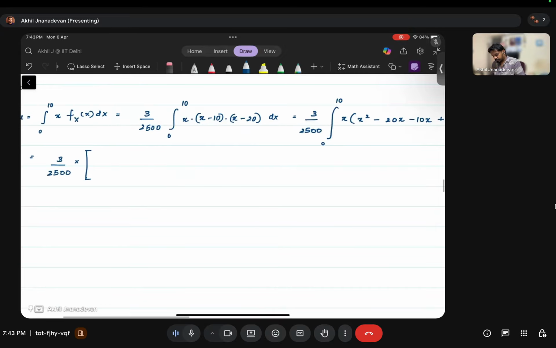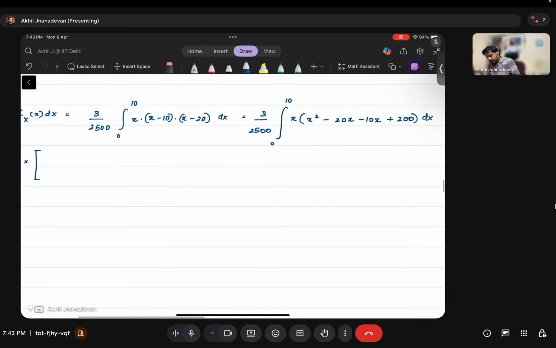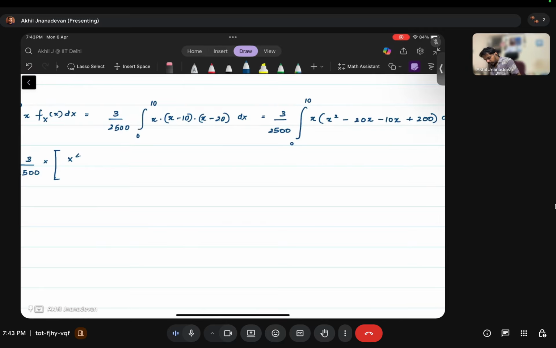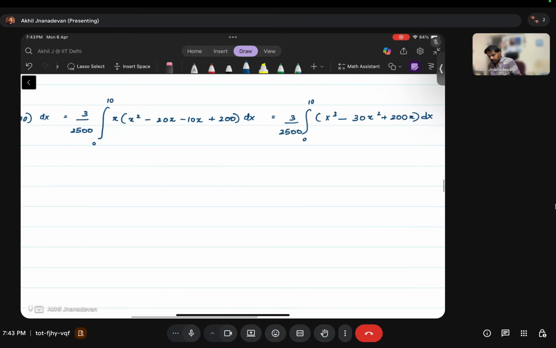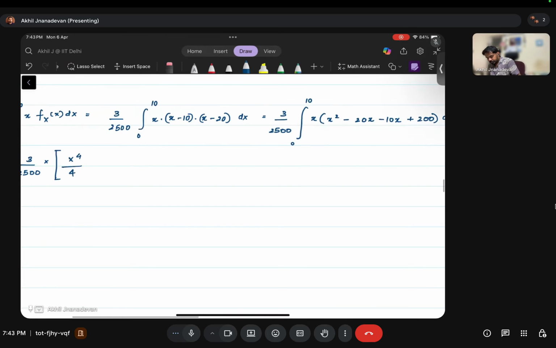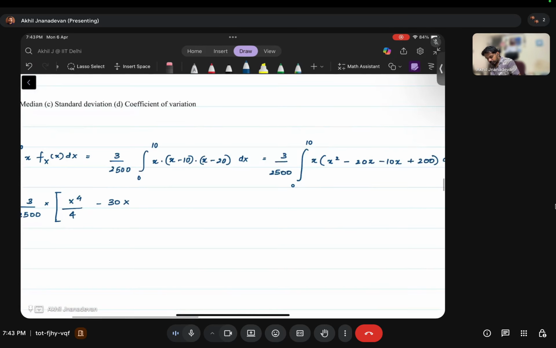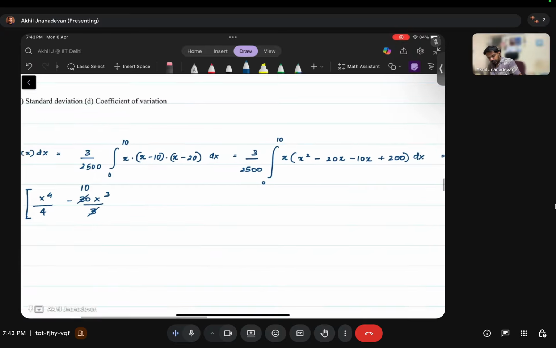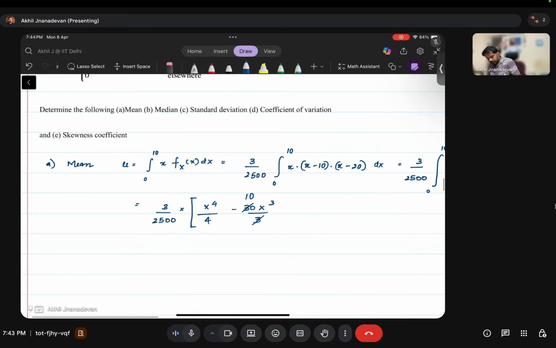So we can write this as x cube integrated, x raised to 4 by 4. So minus 30 x cube by 3, right? X cube by 3, and this will become 10. And finally, plus 200 x square by 2. So this will be 100.